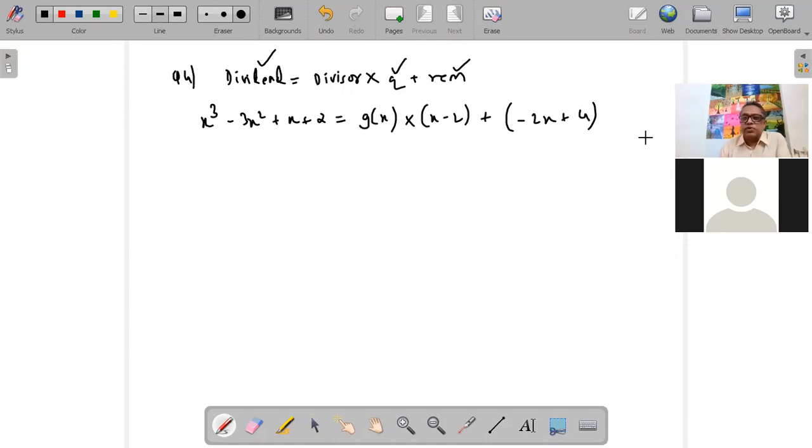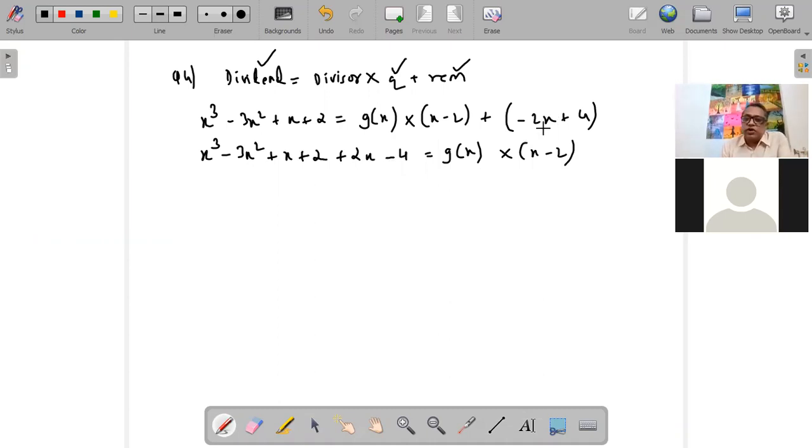So the first thing to be done is to transfer these 2 terms to this side. So x cube minus 3x squared plus x plus 2 will remain as it is, and I'm going to transfer these 2. Minus 2x, I bring this side, so that will become plus 2x. Plus 4, I am bringing, will become minus 4, equal to g(x) into x minus 2.